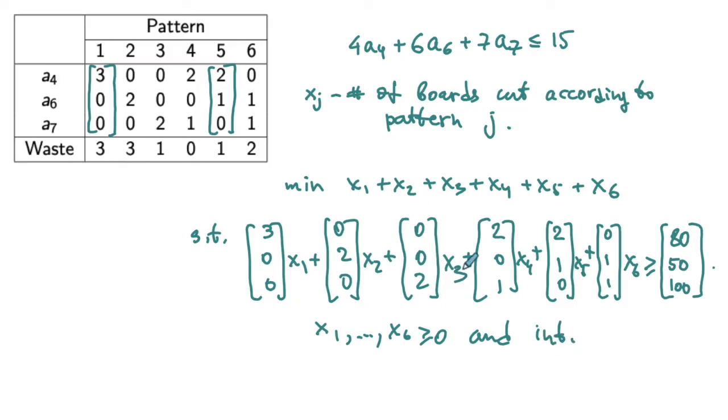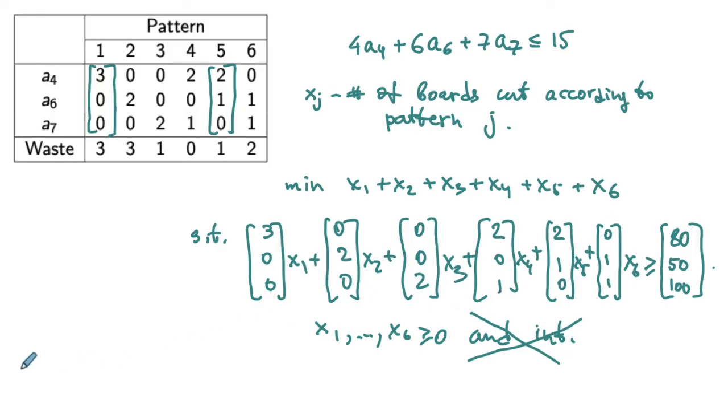To make the problem simpler, we are going to drop the integrality constraints and we will focus on the LP relaxation of this problem. And relaxing integrality constraints is very reasonable from a practical perspective, because typically we would solve such a model when we deal with large quantities of boards, and then we can easily obtain a good approximate solution from this LP relaxation to our integer program by just rounding up the optimal values of all the xj's.